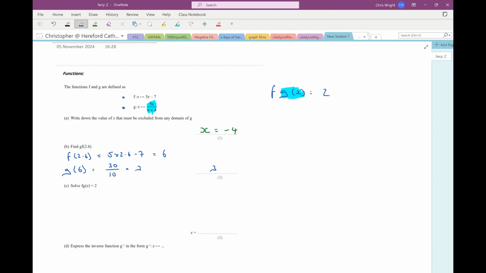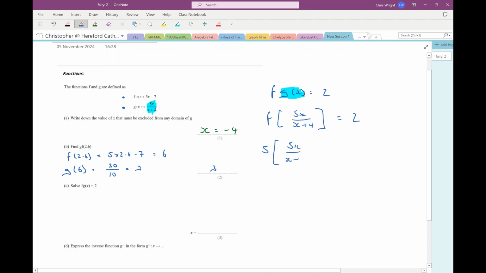So what I'm going to have to do is f of 5x over x plus 4, and I know that that equals 2. Now, if I'm going to f 5x over x plus 4, then that's going to be 5 times 5x over x plus 4 minus 7. And that is going to have to equal 2.